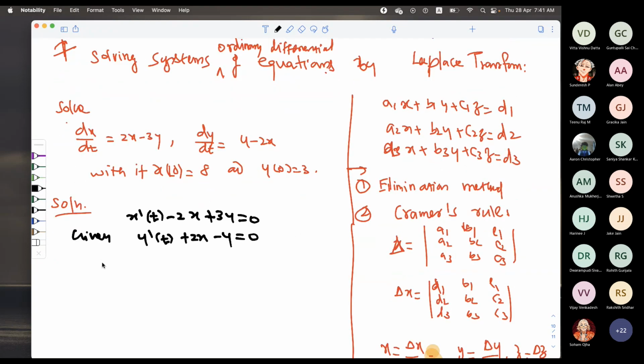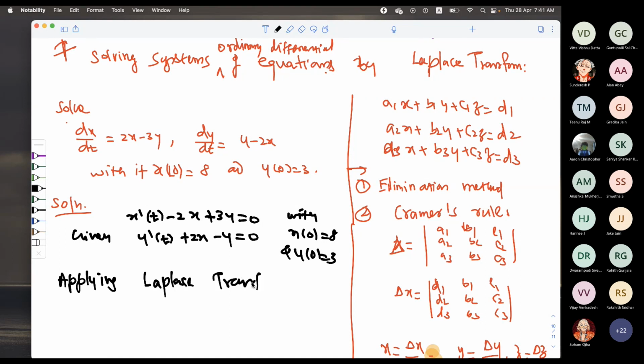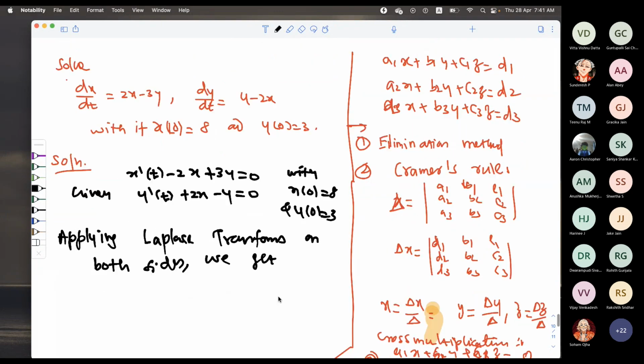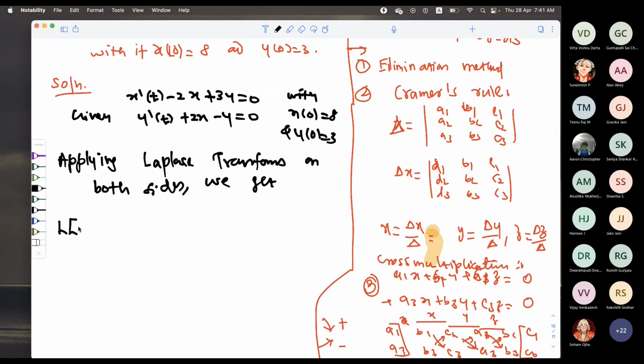Now applying the Laplace transform on both sides, we get the Laplace transform of x derivative of t minus 2 times Laplace of x of t plus 3 times Laplace of y of t, which is Laplace of 0.